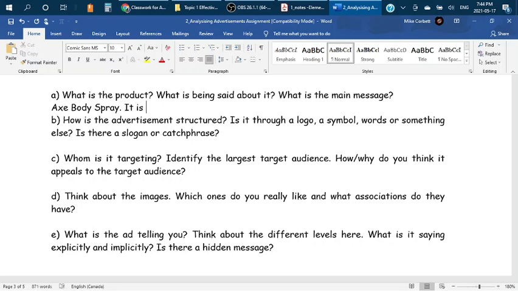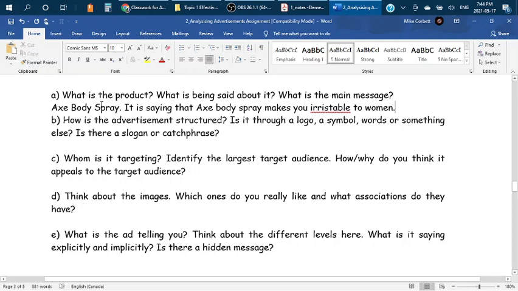It is saying that Axe body spray makes you irresistible to women. So there you go. Women can't take it. They have to. Anyways, you see the ad. It's a sexist ad, and well, that's what it is.